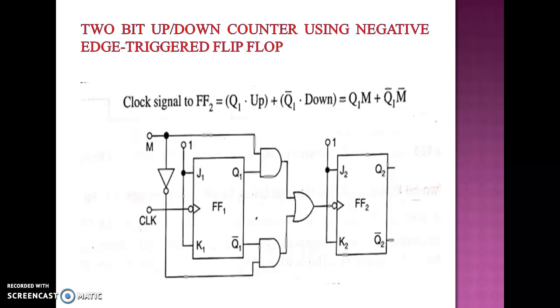This is achieved by using two AND gates and an OR gate. This is the formula: clock signal to flip-flop 2 equal to Q1 into up plus Q1 bar into down, equal to Q1 into M plus Q1 bar into M bar.